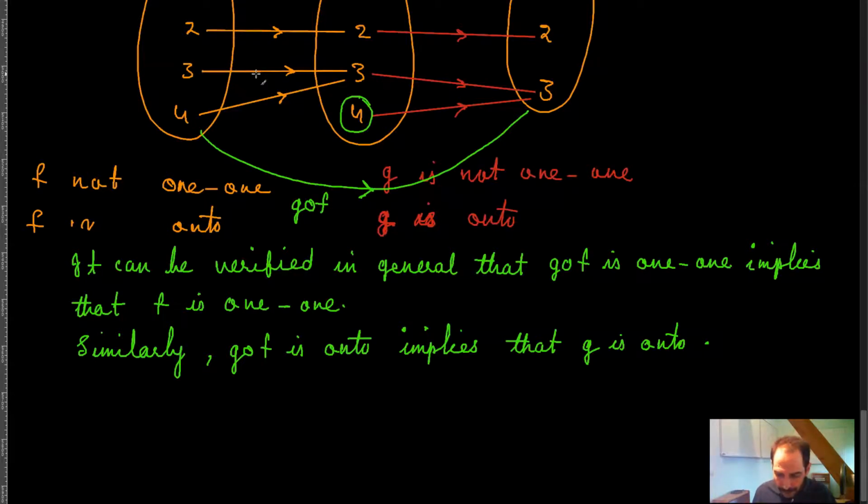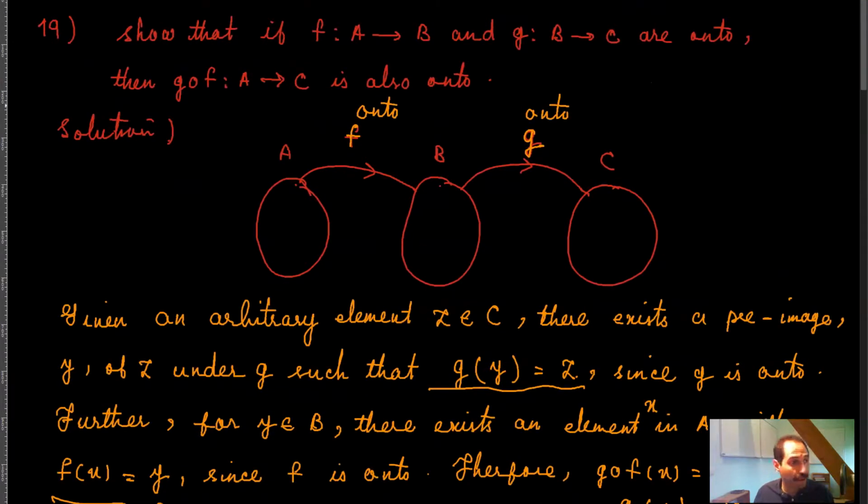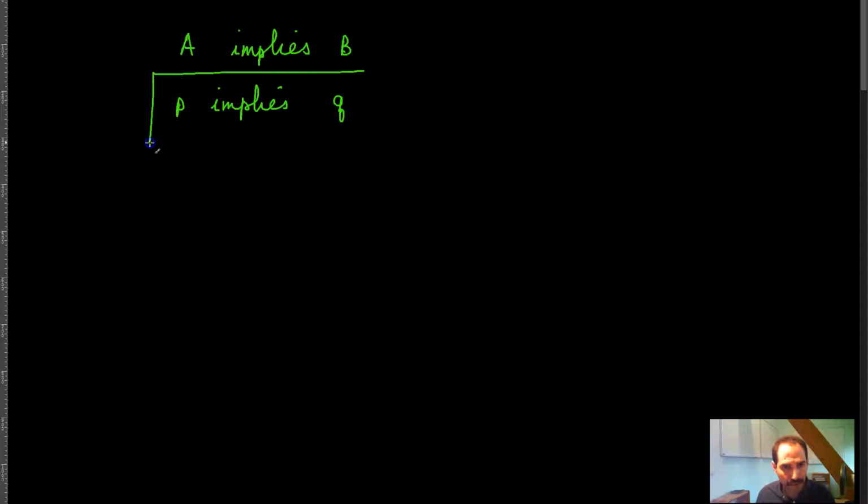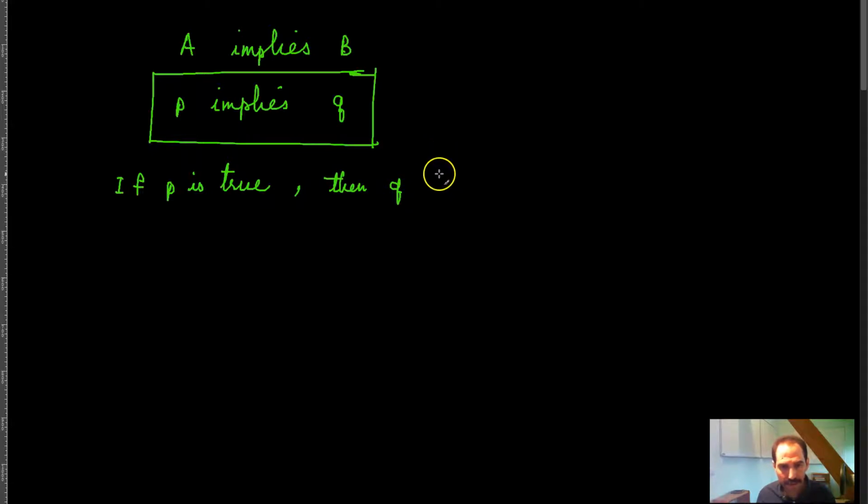First of all, when we say that A implies B, or when we say P implies Q, what that means is that if P is true, then Q necessarily must be true.